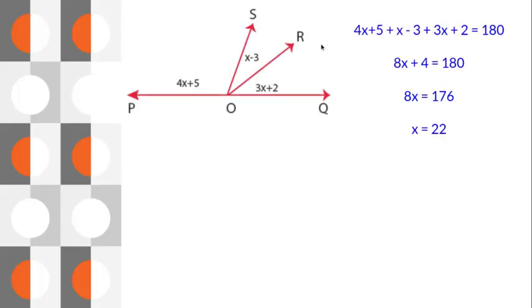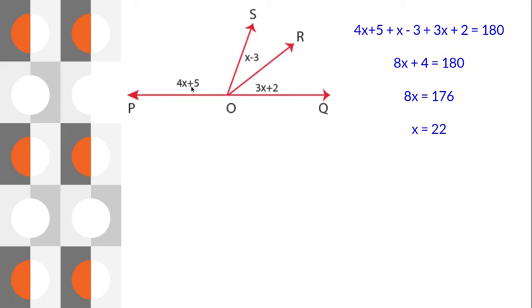And we can set up this equation. 4x plus 5 plus x minus 3 plus 3x plus 2 equals 180 degrees. Therefore, 8x plus 4 by combining our like terms equals 180. 8x equals 176, and thus x equals 22.